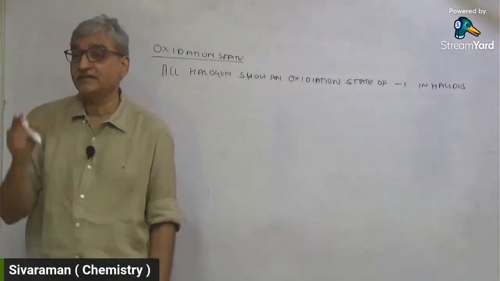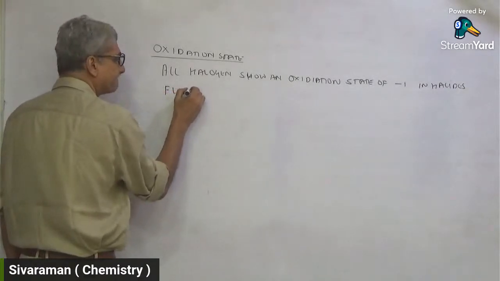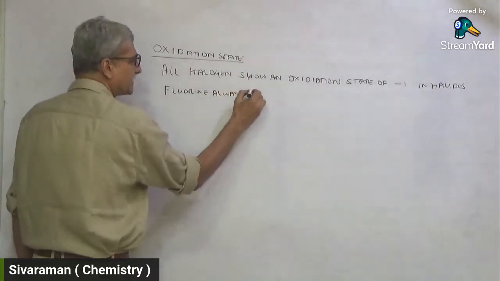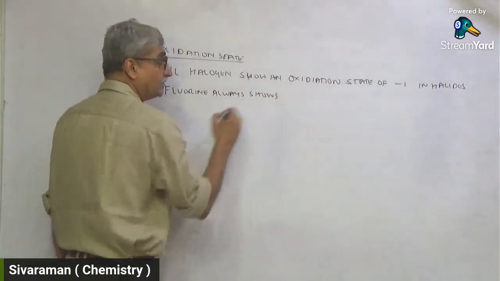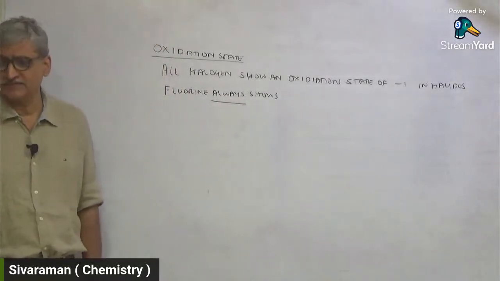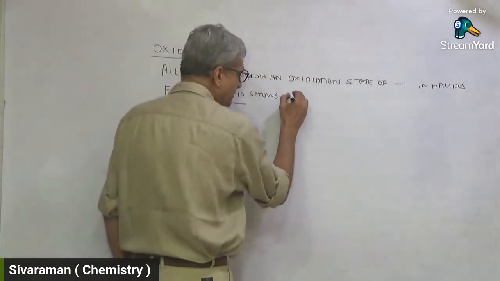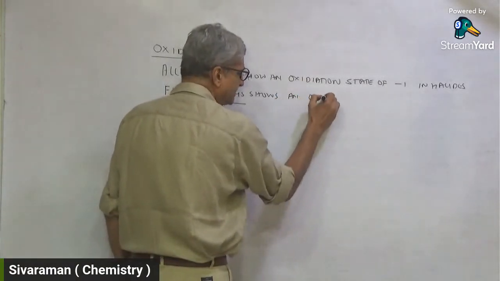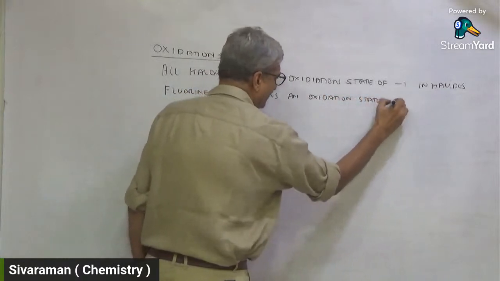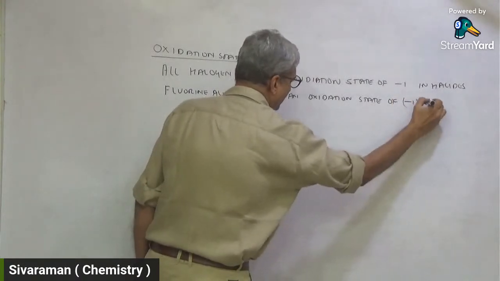But what happens again? Fluorine always shows an oxidation state of -1 only.